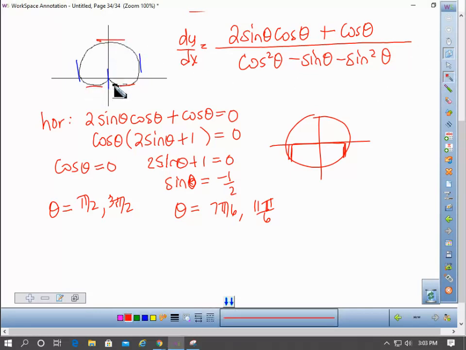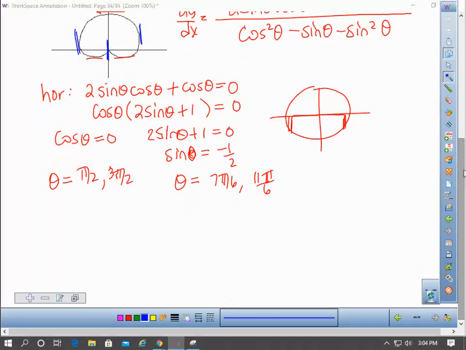So my horizontals are red, and I just did horizontals. I got 4 answers for the red ones. And then for vertical, I'm doing blue. Here where it comes into the peak, that's a vertical, because this is a cardioid. So it looks like an upside down heart that's not at a point. It has a rounded end on it.